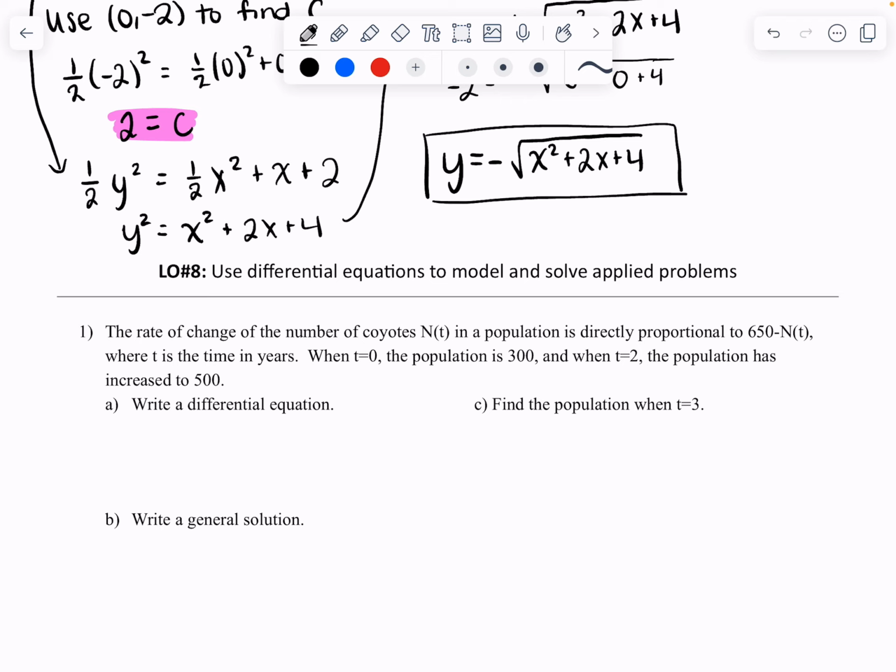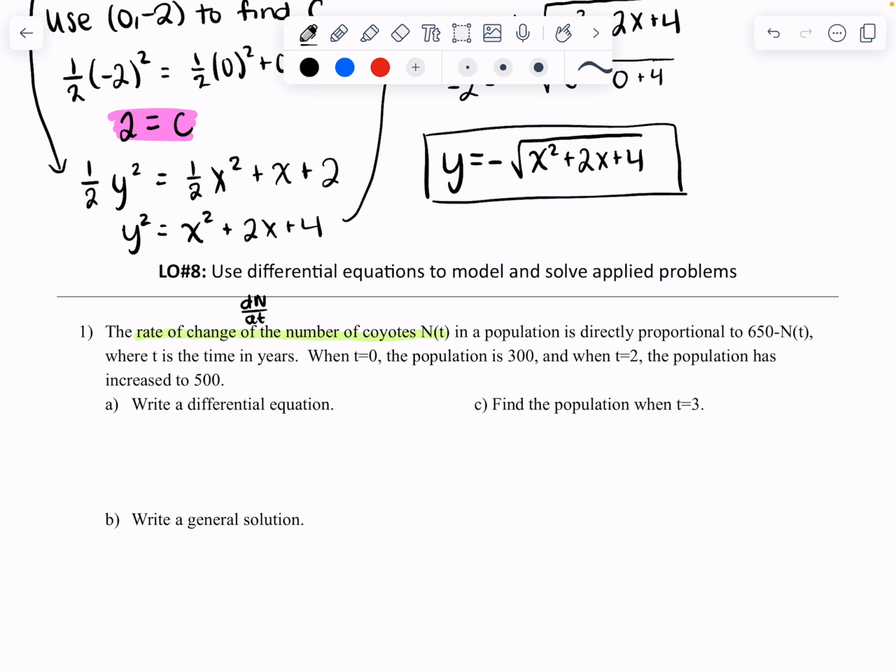First, we need to set up the differential equation. It's not given to us. So we're going to use the words like we practiced last time. We're going to try to convert the words into a differential equation. So the rate of change of the number of coyotes, N of t, can be represented by dN/dt.